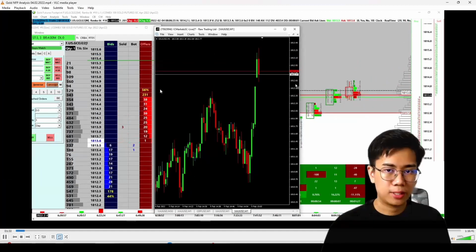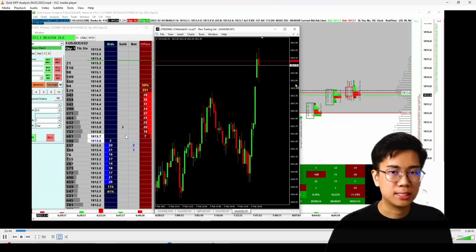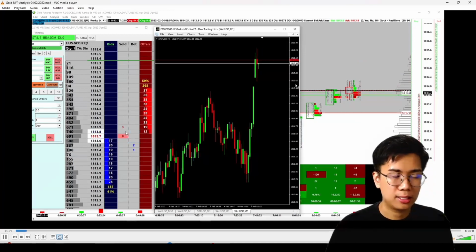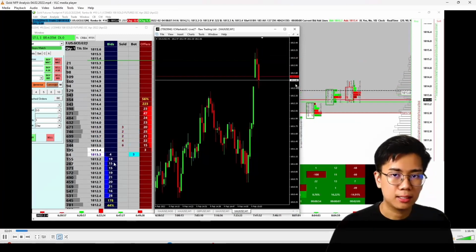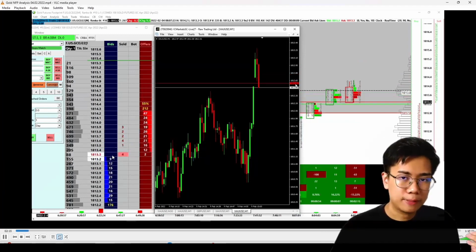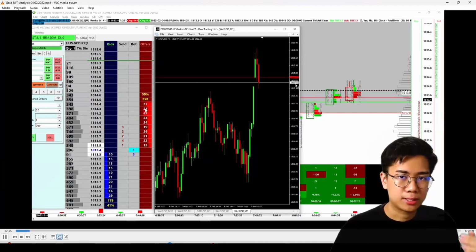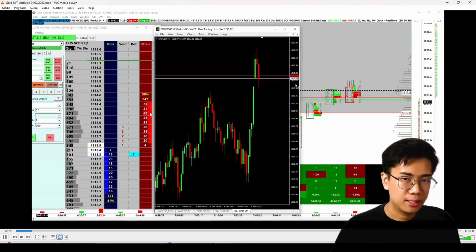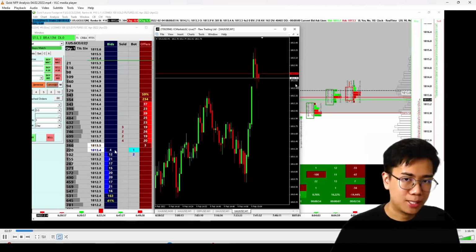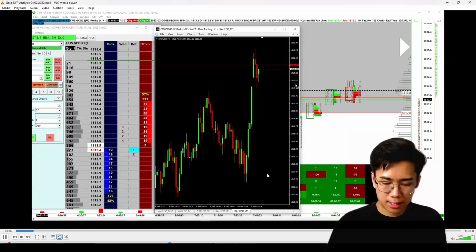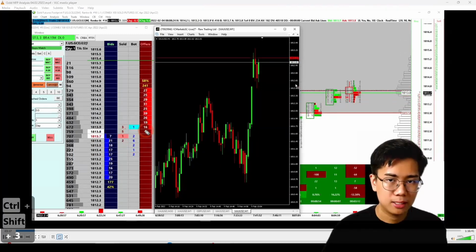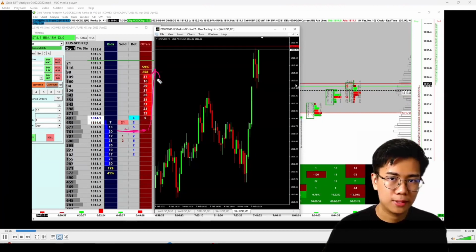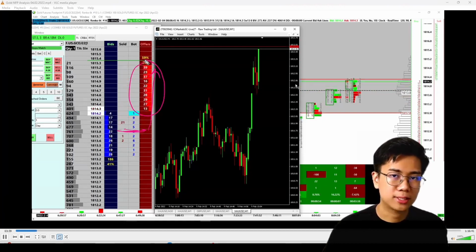Now, what you can see on the left-hand side is what we call the depth of market, meaning the number of people that would like to buy and the number of people that would like to sell. This is buyer and this is seller, as simple as that. If you want to manipulate the price from here and shoot it all the way up, you have to buy out all of the lot size here.